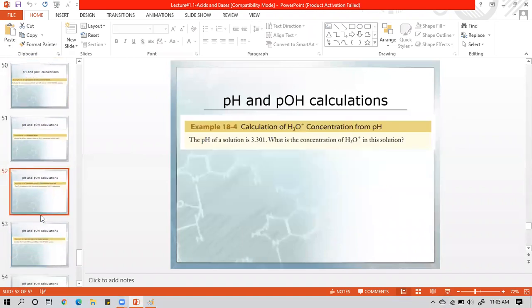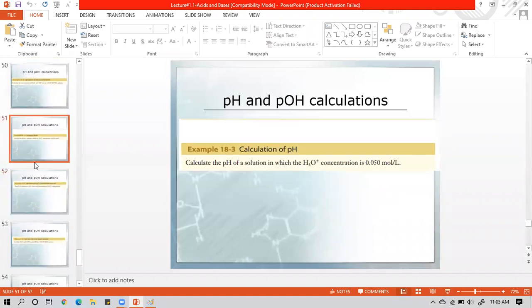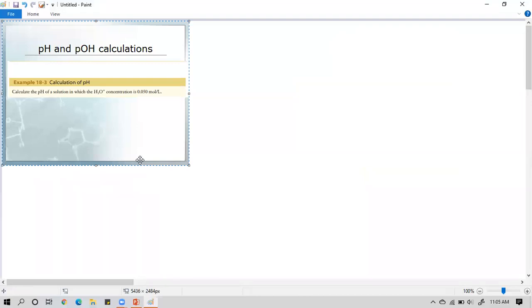So pH equals negative log of 0.05 molar, and you'll have the answer of 1.301.